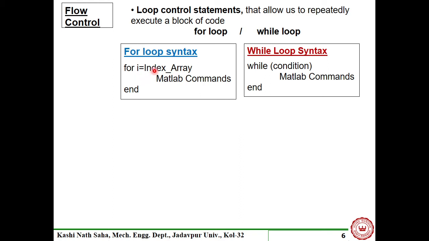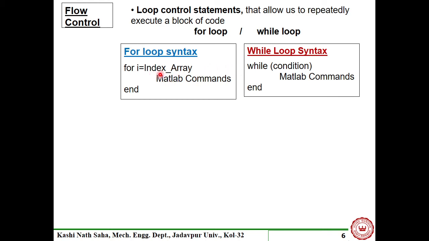So rather, what is this index array? This i is known as a loop variable. Usually it is an integer value. And here we give an array which is basically the values of i. So this i takes up values in this array from the start value to the end.